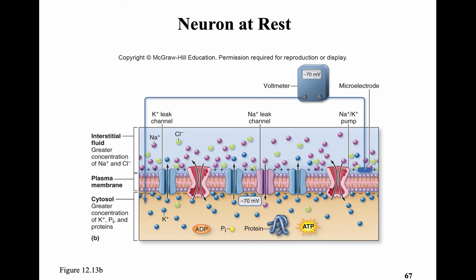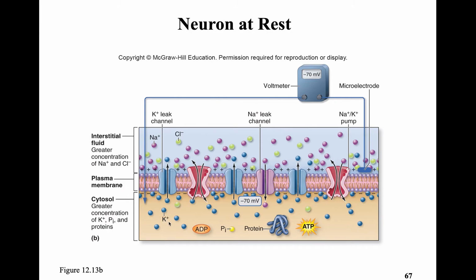Now the reason for why the inside is negative is because of the heavy amounts of protein. So if you look inside, you see a lot of big blobs here called proteins, and the protein makes the inside negative while at rest. Now you would say to me, Nimesh, I see a lot of these blue balls, and the blue balls are labeled as potassium.